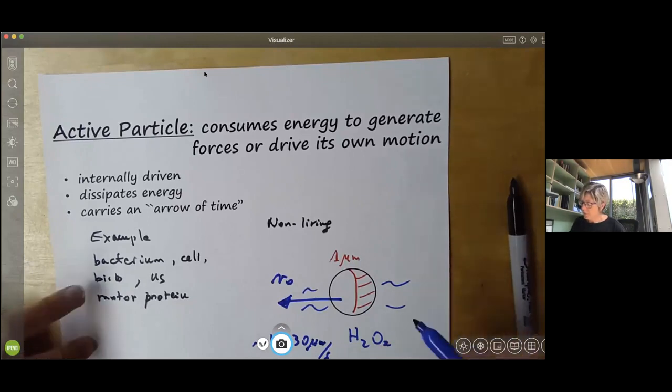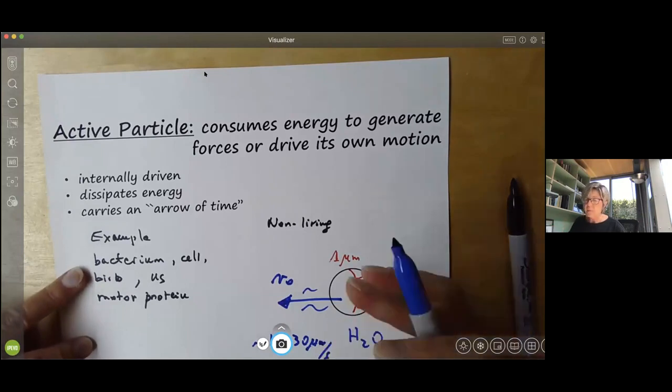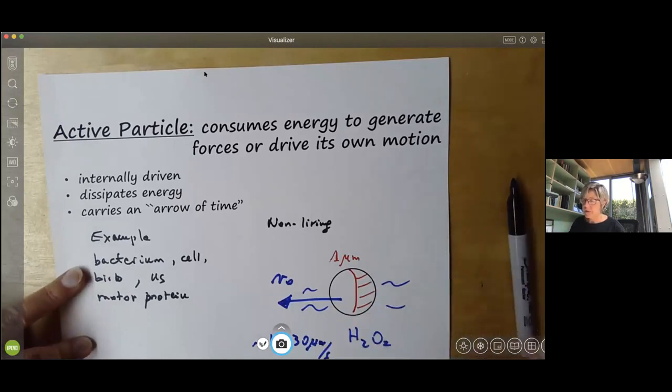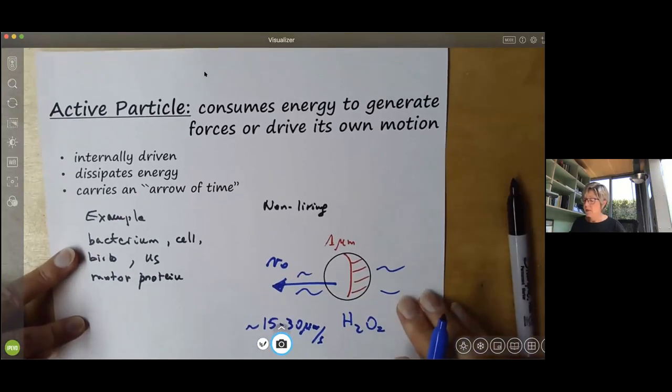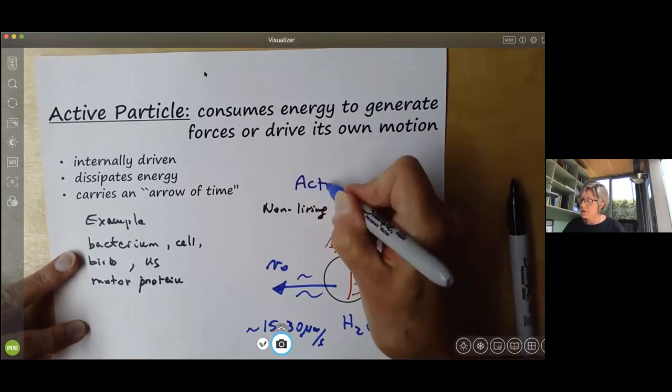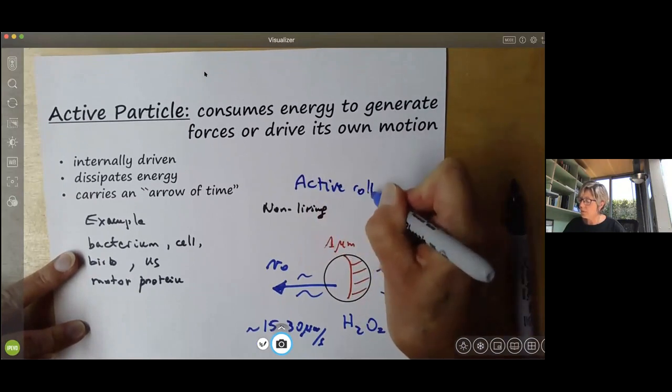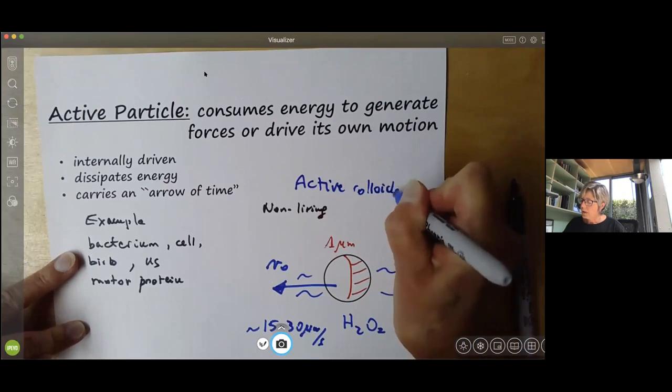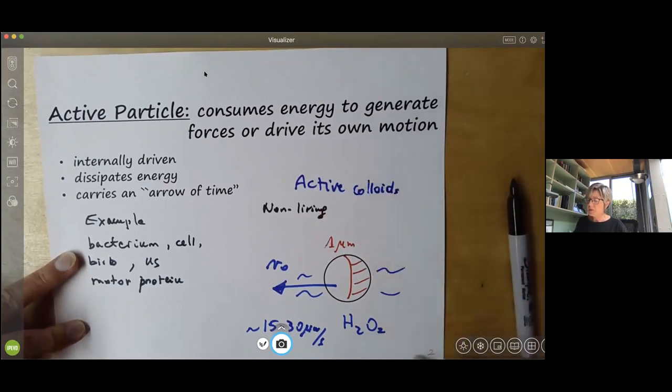This is one example, but there are many other realizations of these synthetic microswimmers. Synthetic microswimmers, or active particles, or active colloids, as we call them, are very useful because they allow us to do controlled experiments in a lab.